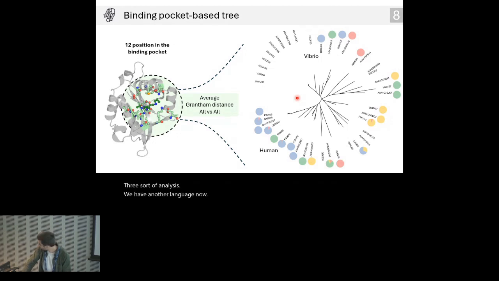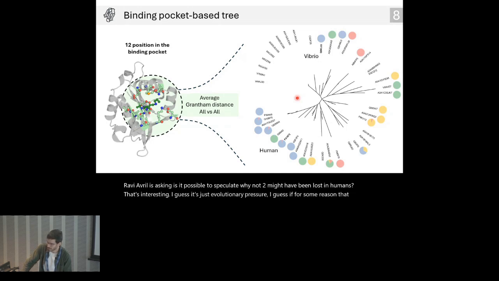Yes. Ravi Amro is asking, is it possible to speculate why NAT2 might have been lost in humans? Oh, that's interesting. I guess it's just evolutionary pressure. I guess if for some reason the function that it was performing was taken over by the domain swap, which we see is the most common type of polyamine acetyltransferase in human, that's why I guess it was eventually lost.